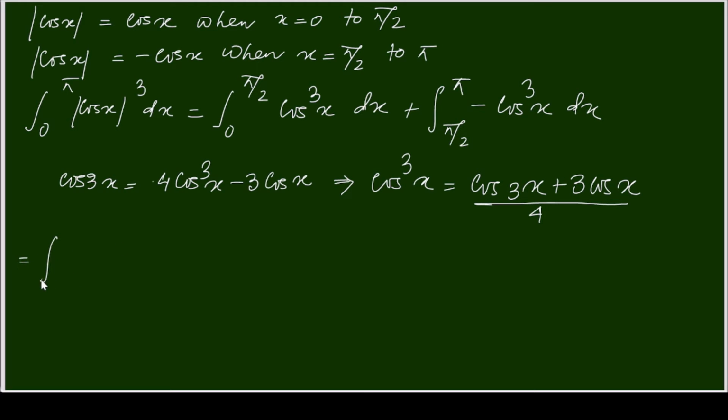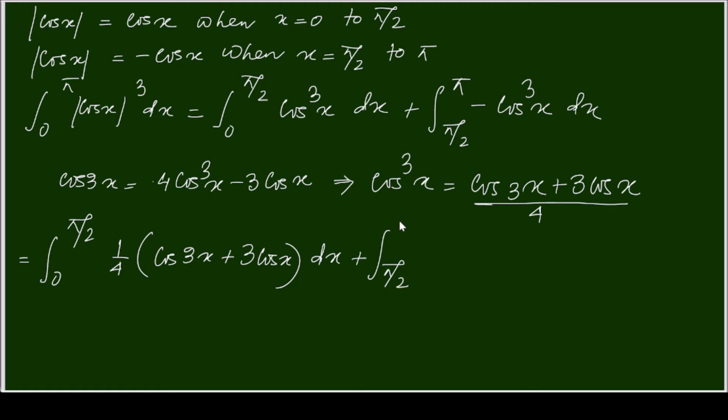So the integral will be from 0 to pi by 2 of 1 by 4 (cos 3x plus 3 cos x), and the interval is different but the integral will be the same, 1 by 4 (cos 3x plus 3 cos x) dx.